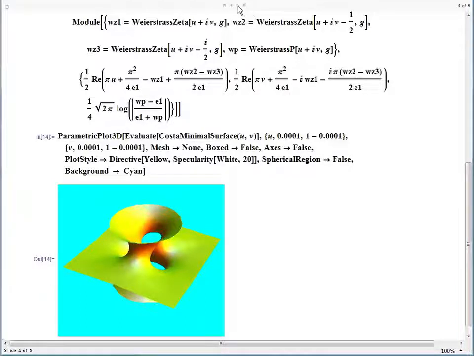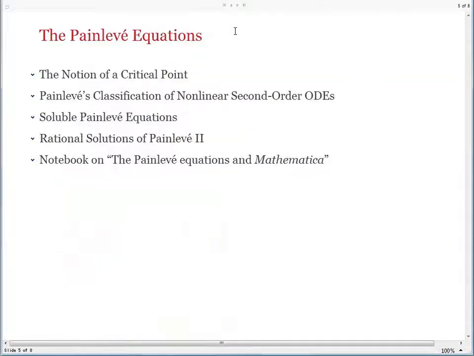Okay, I now go on to the third application of today, and that has to do with what are called the Pendulum equations. Now, the Pendulum equations are surely a part of advanced mathematics. On the other hand, the kind of questions that you might ask when you see the Pendulum equations are the same sort that you would ask when you first studied differential equations.